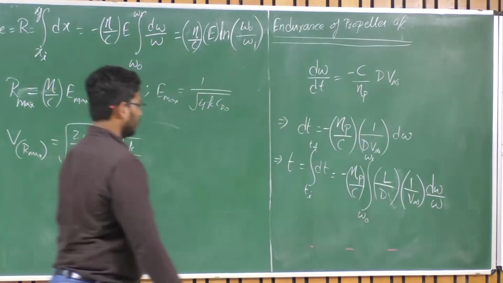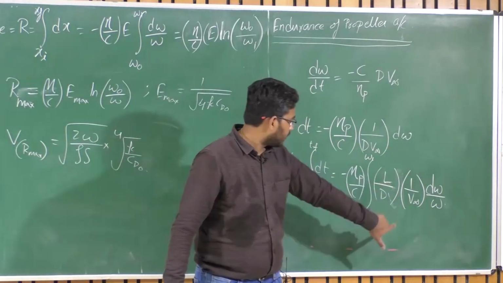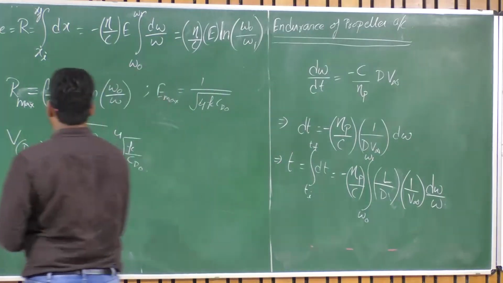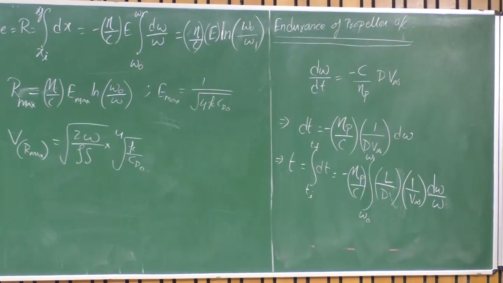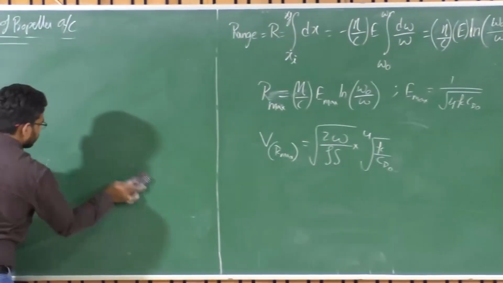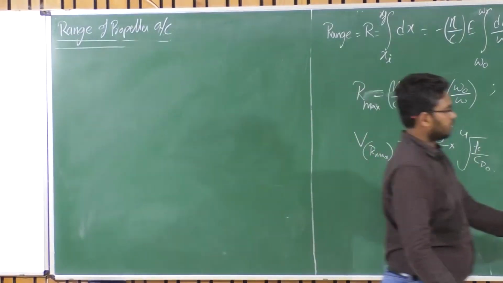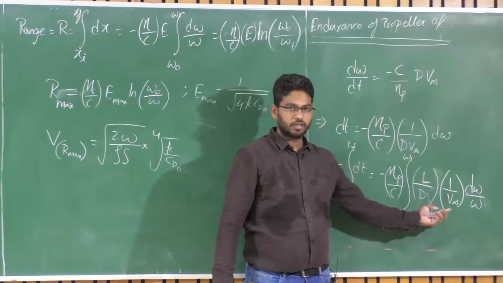So you have L by D, right, at a constant angle of attack. This is constant. So just try to write this equation in a better form. Let it be as it is. So again here we have V infinity into the picture.